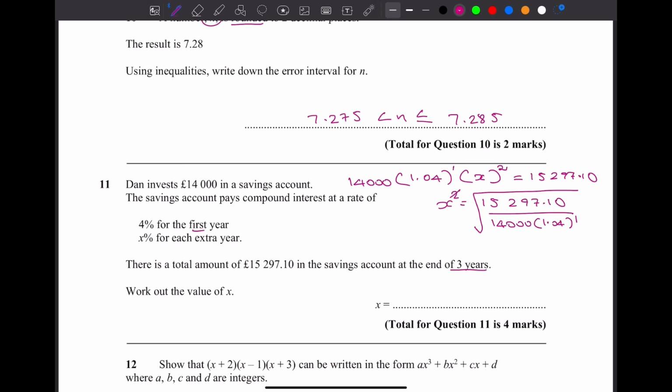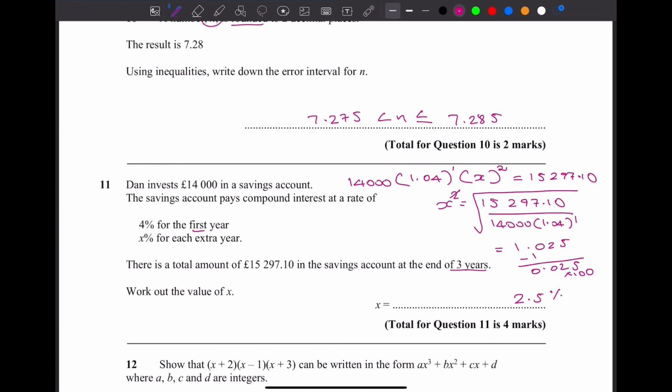Okay, so just plug it into a calculator. 15,297.10 over 14,000. 1.04 to the power 1, which will make it 1.025. Answer to 3 decimal places, remember always, but it is a proper full answer. Take away 1 whole, always, 0.025 times by 100. 2.5%, simple as that.